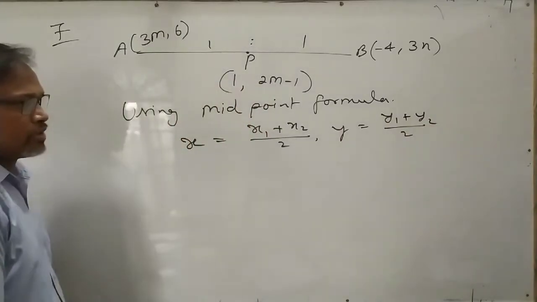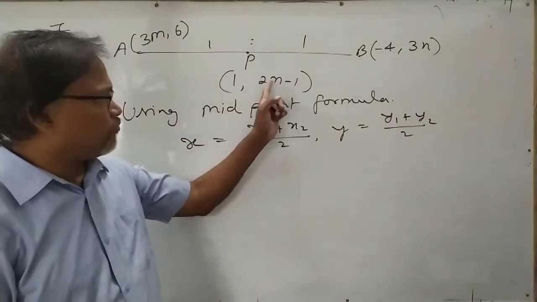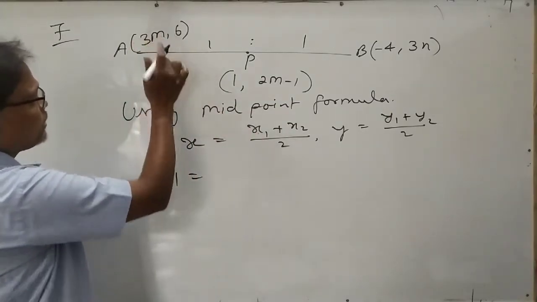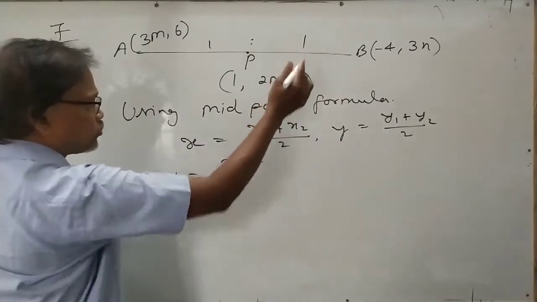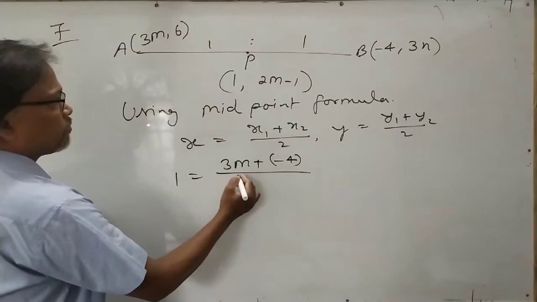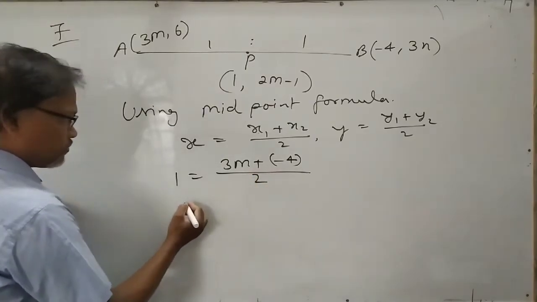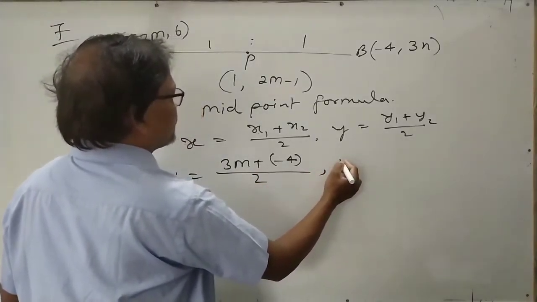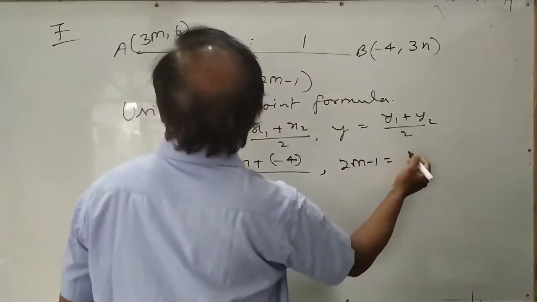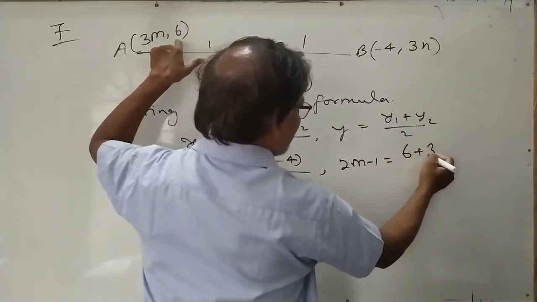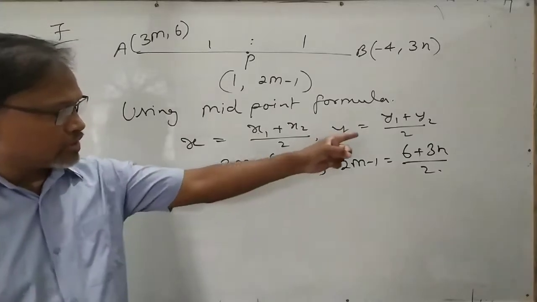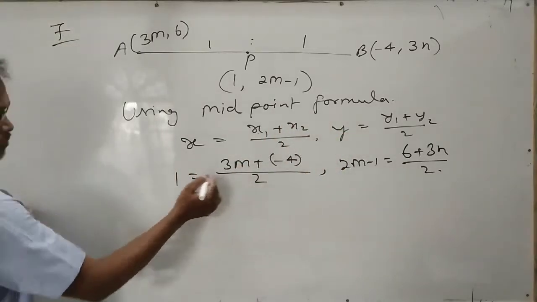In place of x put 1; x1 is 3m and x2 is minus 4, divided by 2. And for y, in place of y put 2m minus 1, equal to y1, that is 6, plus 3n by 2. Now simplify one by one, and you will get the values of m and n.